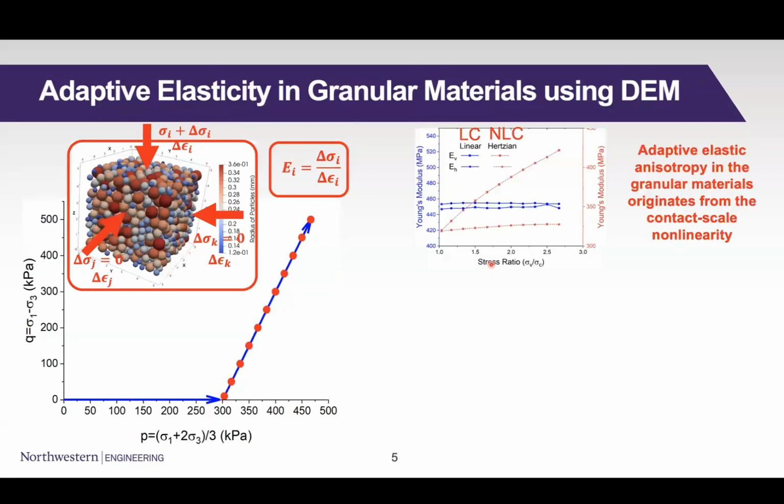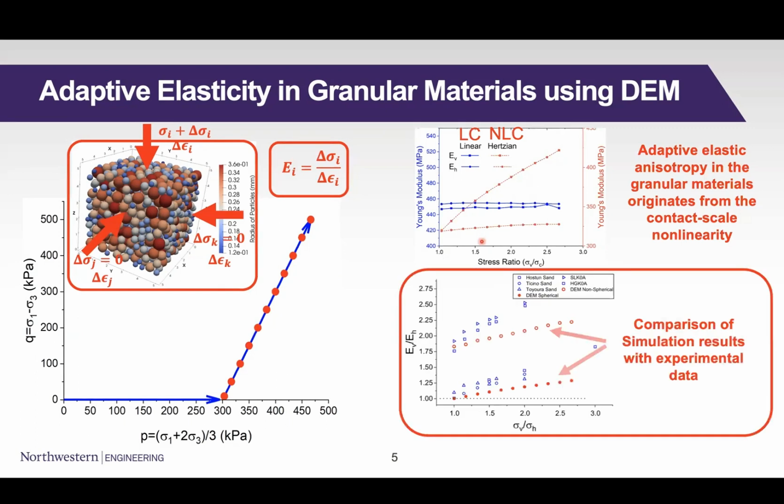We used two different contact models, a linear contact model and a non-linear contact model. And the very first thing we realized is that the only way to get the adaptive elastic anisotropy is to use the Hertzian contact model, which means that this elastic anisotropy arises due to the contact scale nonlinearity of the particles.